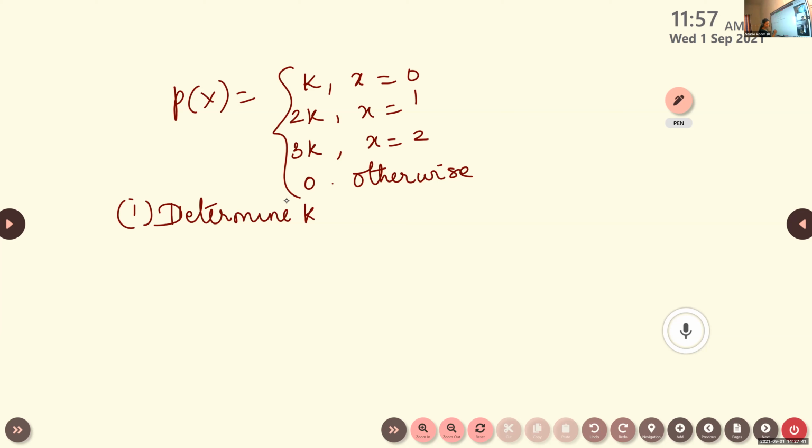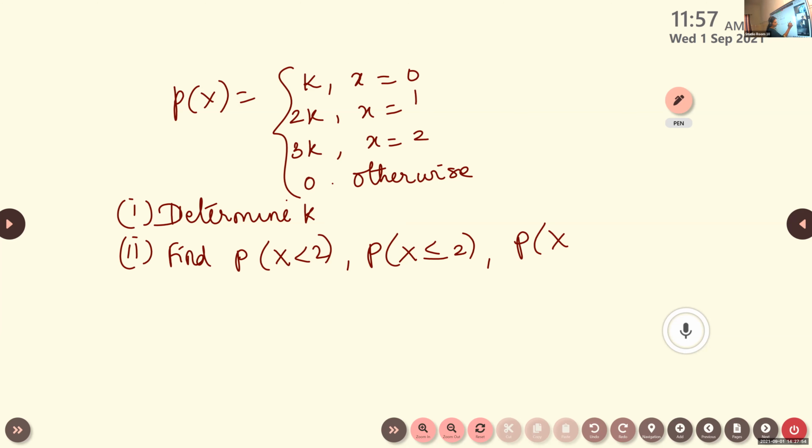Notice the second part asked here: find p of x less than 2, p of x less than or equal to 2, and third, p of x greater than or equal to 2. Now how to do this?